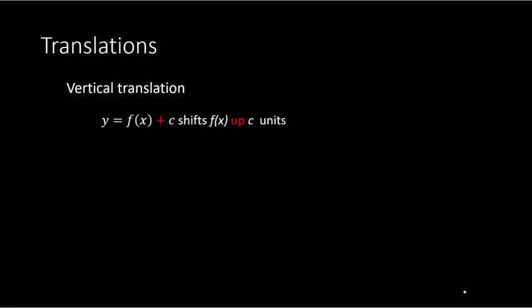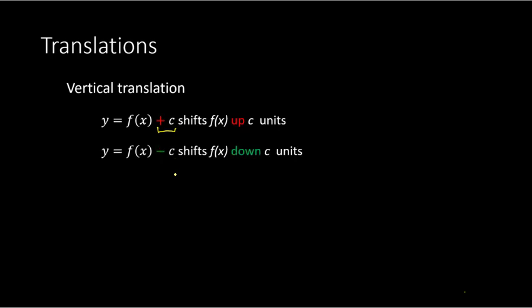Now another topic dealing with graphs is different translations. A translation in the math context is a moving or a shifting of a graph. So we can do a vertical translation or we can do a horizontal translation. A vertical translation is determined by adding a number to the function. If you add a number to a function, that's going to shift the function up that number of spaces.